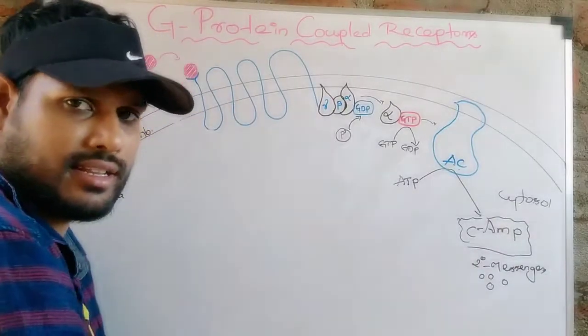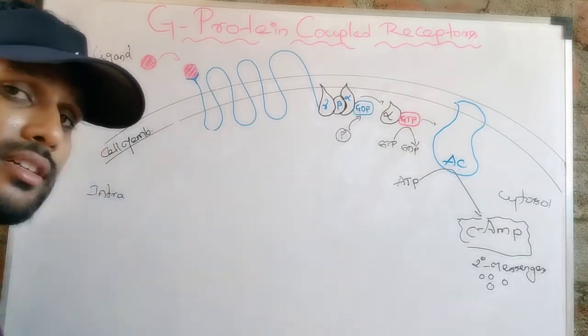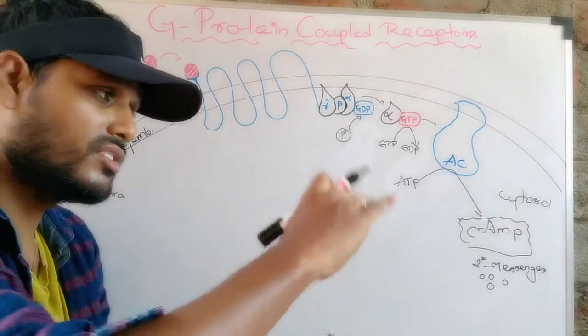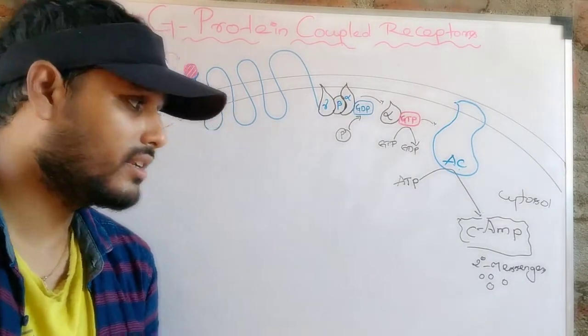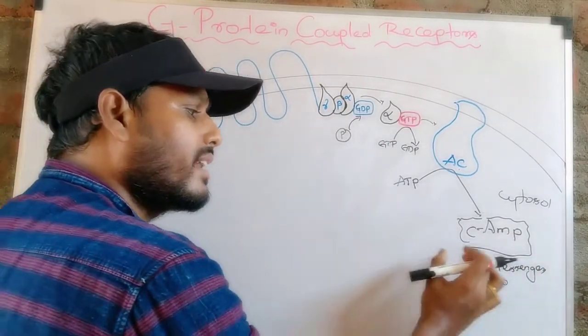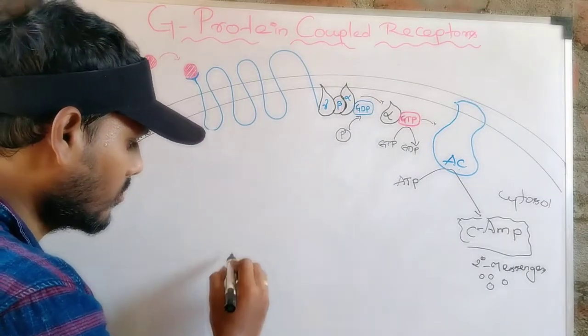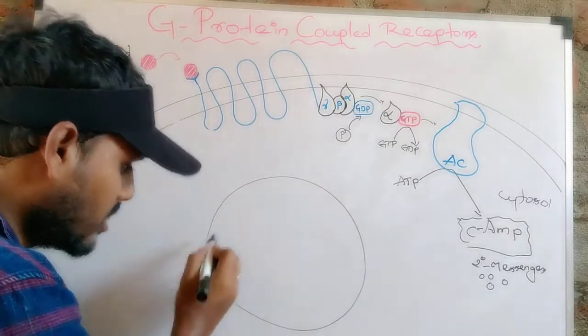Okay. Then after formation of these secondary messengers, we need to change things in the nucleus, so the gene expression gets altered, right? Assume this is the nucleus.